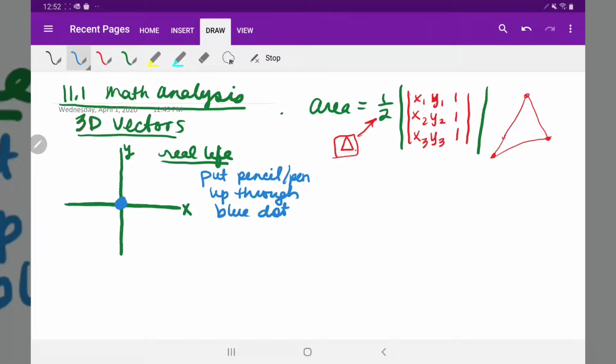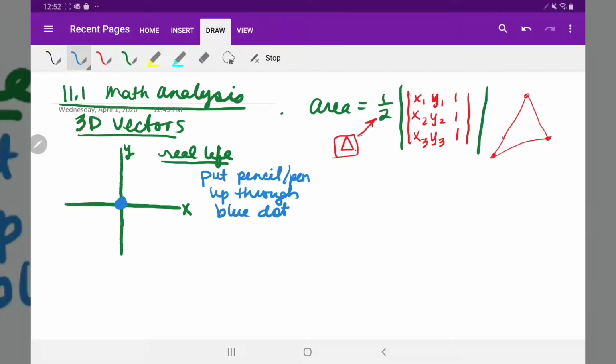Your pen is connecting your eyes to the blue dot, and then you keep going straight through. On the piece of paper, it looks like the z-axis is coming straight up towards you, up in the air, and then down through the desk, if you're writing on a piece of paper and not a screen.